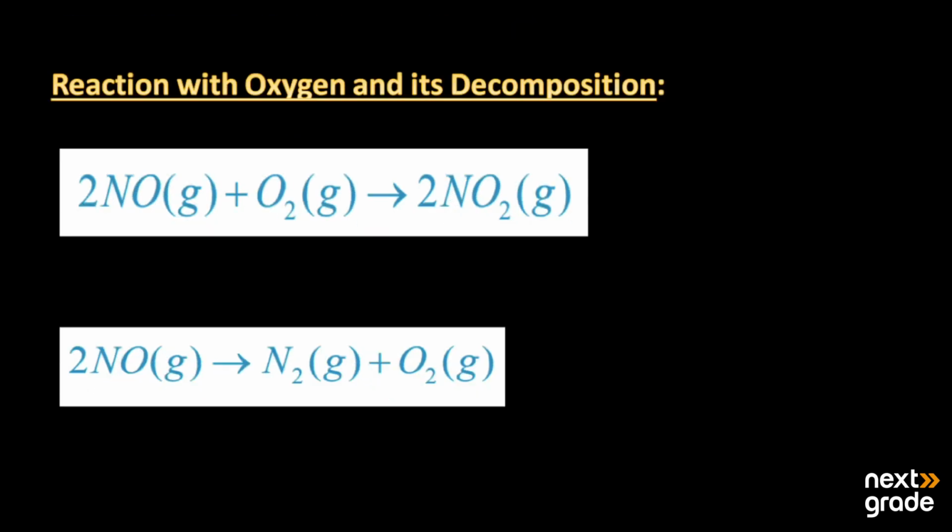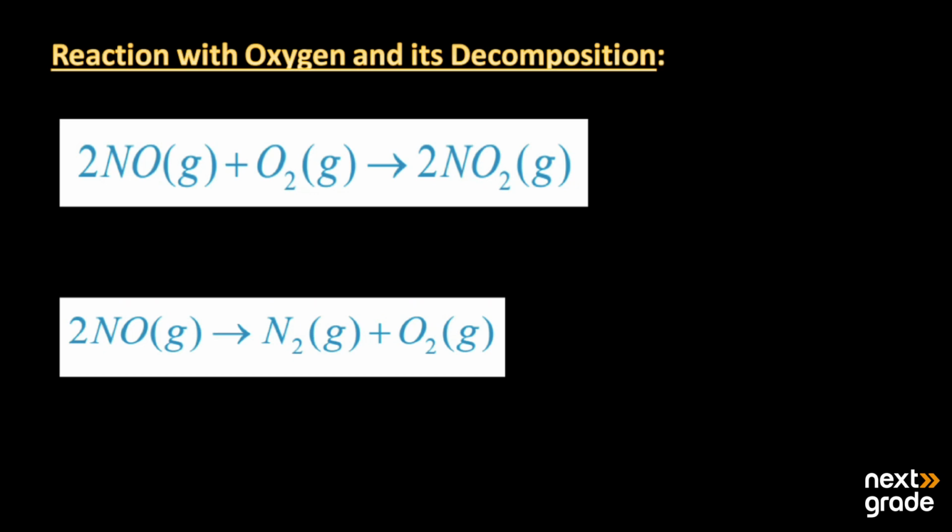After this, we have the chemical properties of this simple oxide: the reaction with oxygen and its decomposition. The first one is that nitrogen oxide reacts with oxygen. When it reacts with oxygen, it forms nitrogen dioxide gas, which is reddish brown in color.